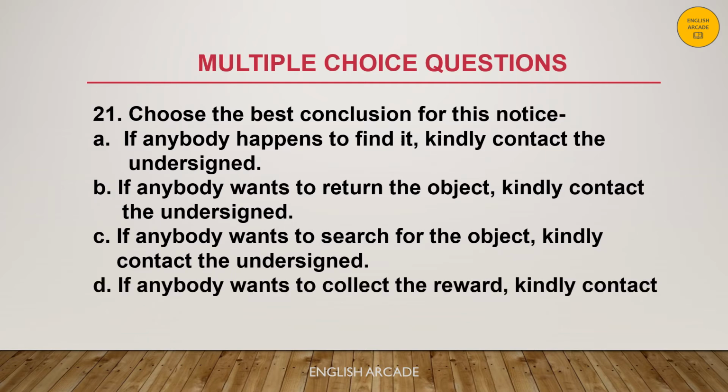Or D. If anyone wants to collect the reward, kindly contact the undersigned. So it's a notice where Satvik has lost an object. So in this case, the best conclusion would be A. If anyone happens to find it, kindly contact the undersigned. So that is the best conclusion for a lost notice.